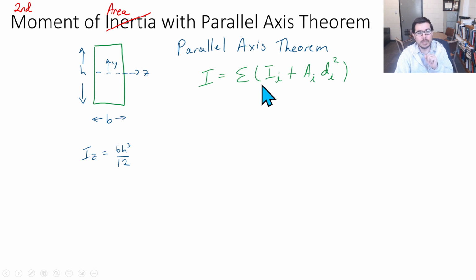What's also interesting about this form of the equation is that there's a summation. So these moments of area can add, they can sum. And if, for example, you have this rectangle and another rectangle and they're sharing the same neutral axis, then d is 0.